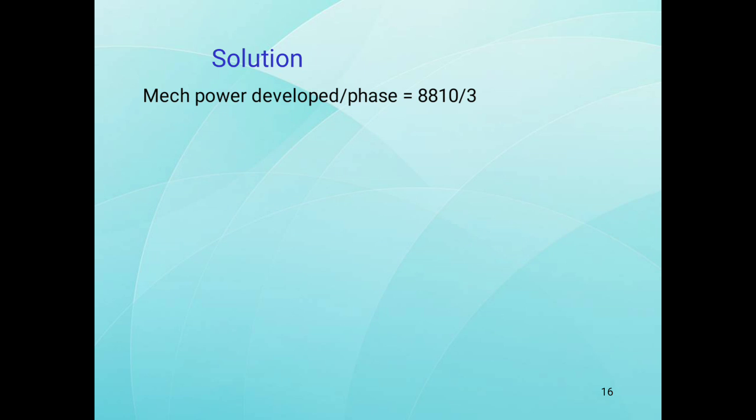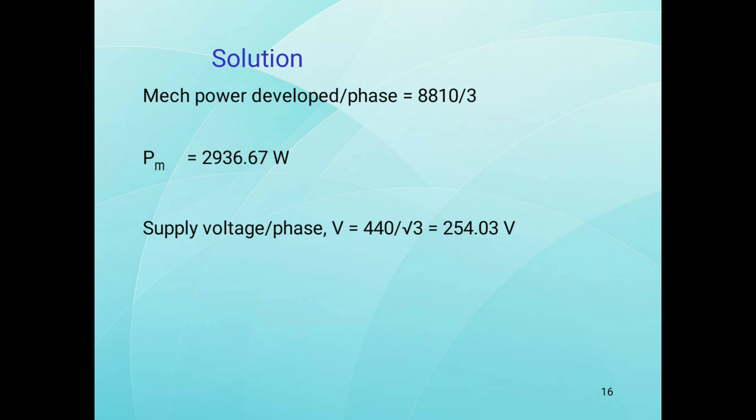Mechanical power developed per phase is 8810 by 3, and Pm is equal to 2936.67 watts. Now supply voltage per phase V is equal to 440 by root 3, which gives 254.03 volts.